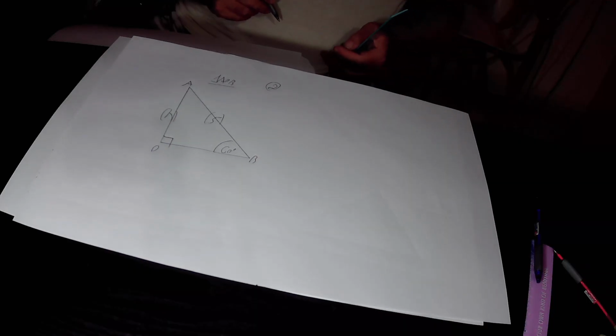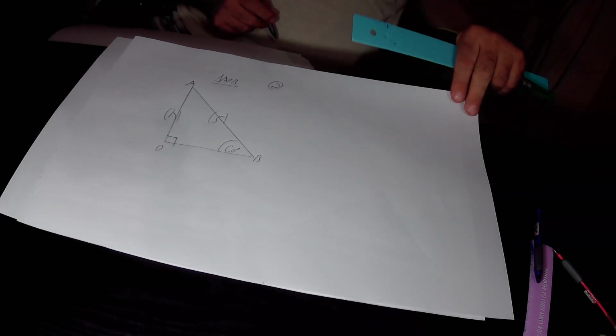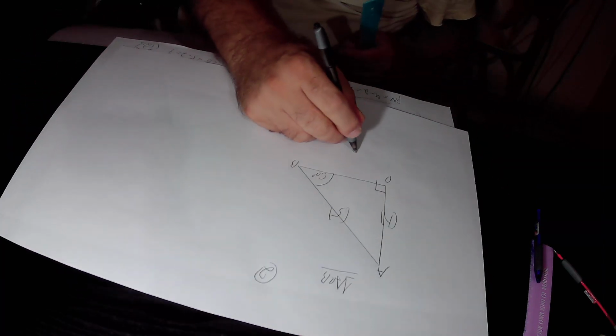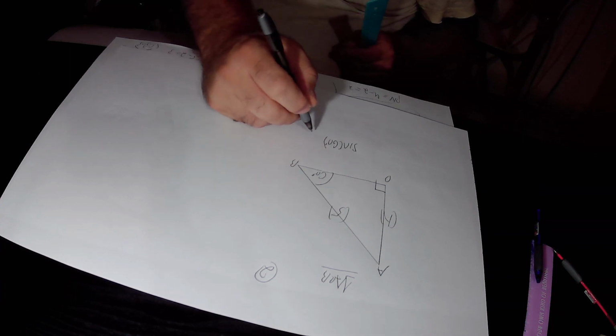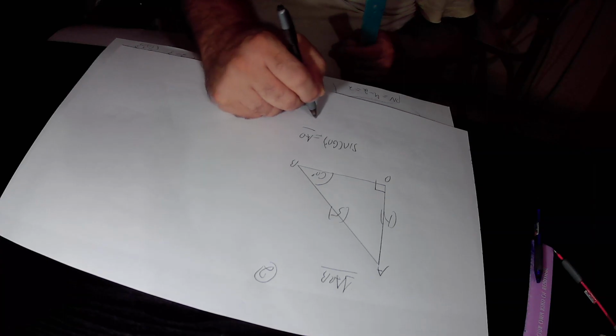So actually, this is the right triangle AOB that I copied from the original drawing. In this right triangle AOB, sine 60 degrees equals AO over AB. So write it down. Sine 60 degrees is equal to AO over AB.